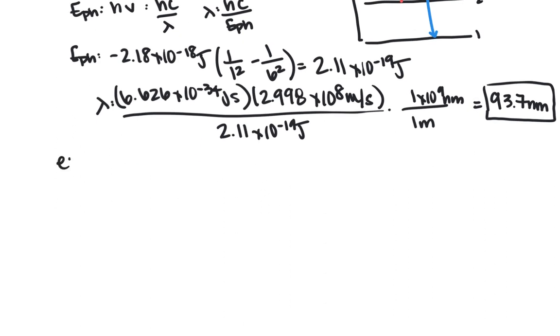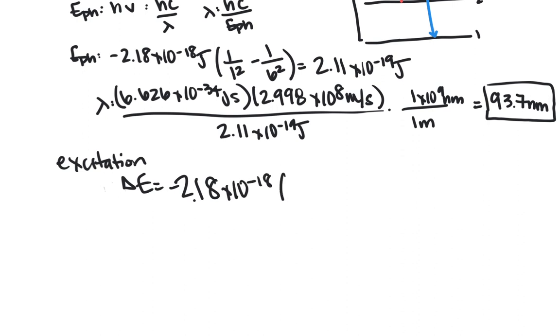So for the excitation, in this case, it's the exact same calculation. We're actually going to start with delta E, which is equal to negative 2.18 times 10 to the negative 18, 1 over 6 squared minus 1 over 2 squared.